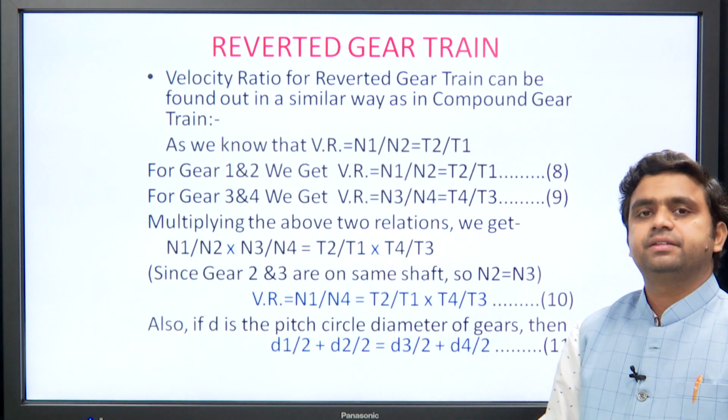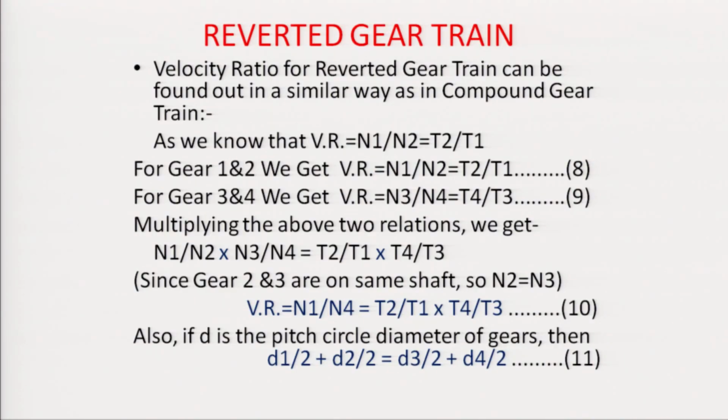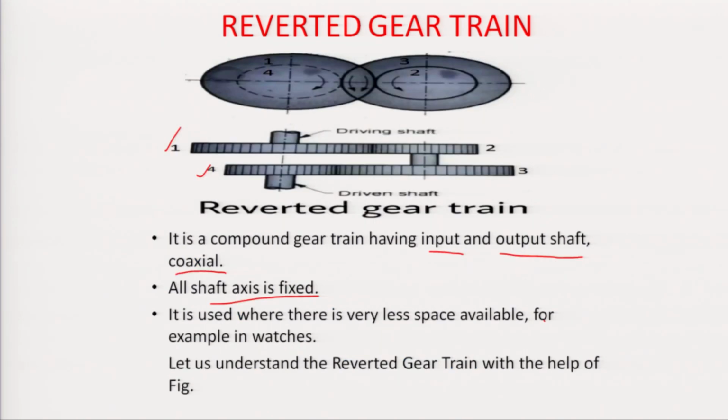Now, let us find the velocity ratio of the reverted gear train. The velocity ratio of a reverted gear train is similar to that of the compound gear train. As we know, velocity ratio N 1 by N 2 is equal to T 2 by T 1, and this formula will be applied for both pairs of meshing gears in a reverted gear train.